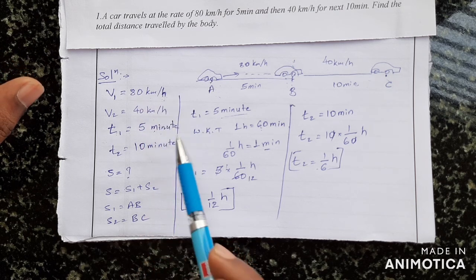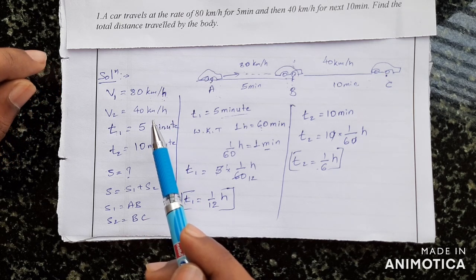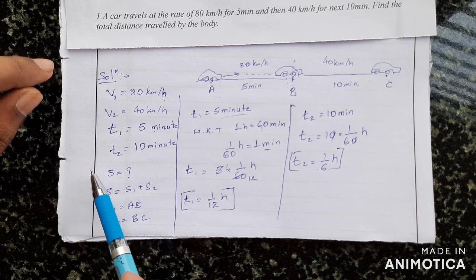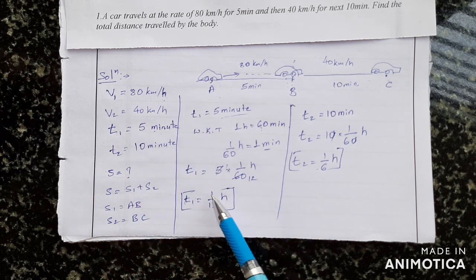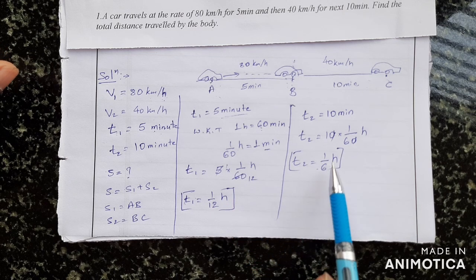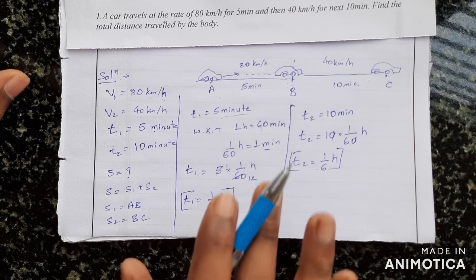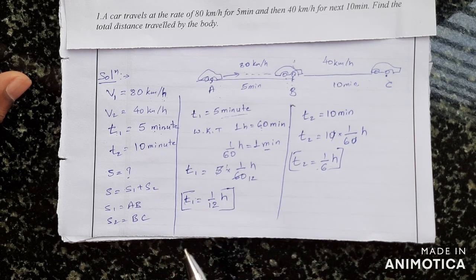But we have converted minute to hour to match the unit of speeds. Now we should put V1 is equal to 80 km per hour, V2 is equal to 40 km per hour, T1 is equal to 1 by 12 hour, T2 is equal to 1 by 6 hour. We have just converted time from minute to hour.